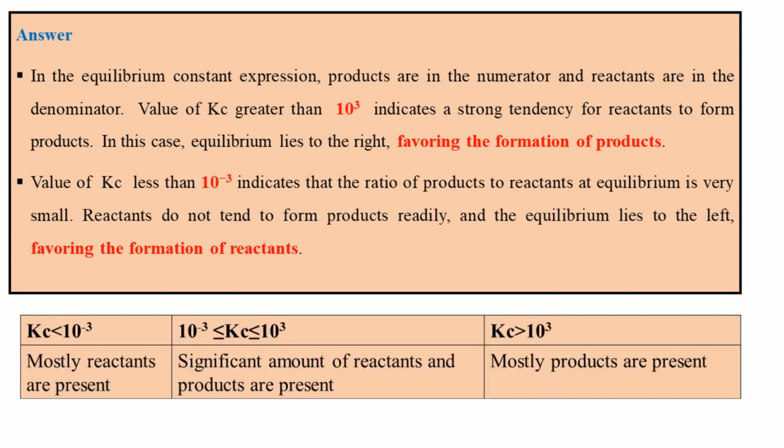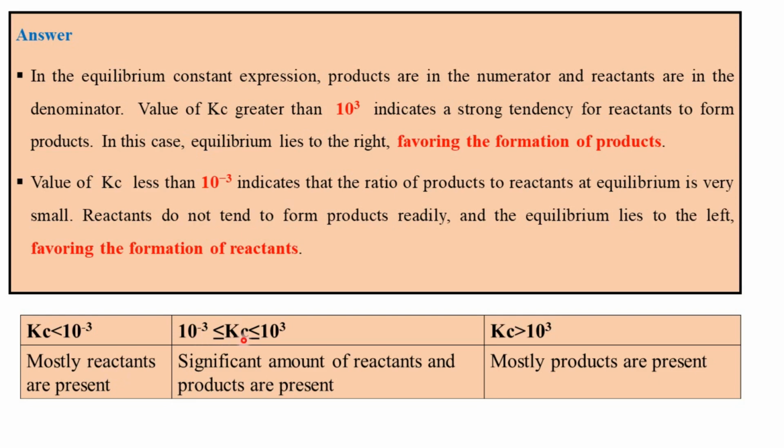So if you have a value which is in between, that means both product and reactant will be present. If you see this table below, when you have a Kc less than 10^-3, mostly the reactant are present.